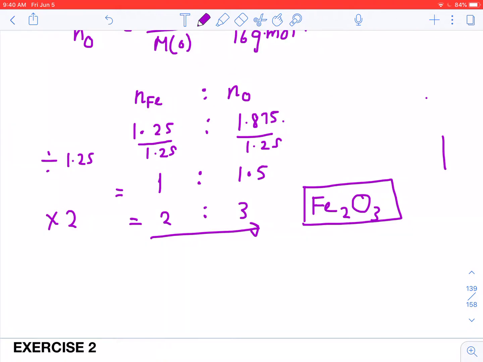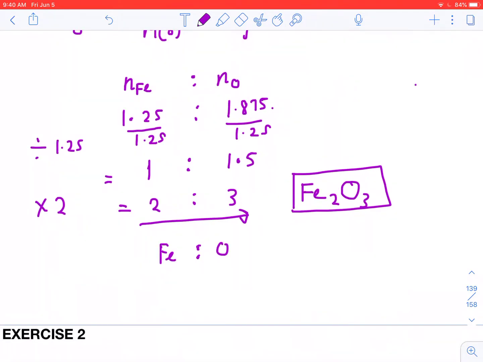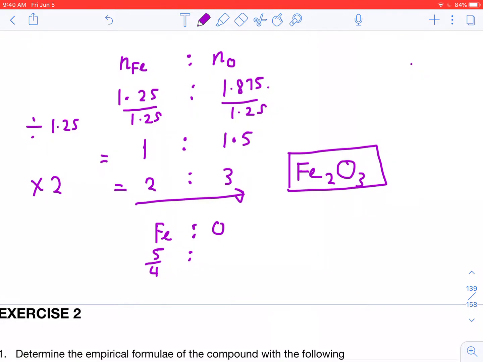Then we could have said Fe is to O, which is 5/4 is to 15/8.